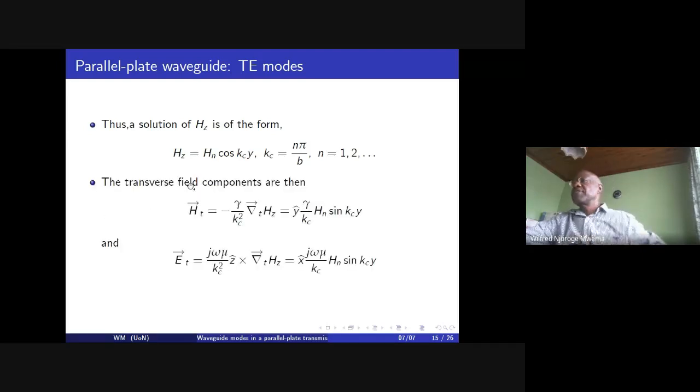So the transverse field components are then going to be given by Ht equal to minus gamma by kc squared, the gradient of Hz, and we see that as y gamma by kc Hn sine kc y. And the transverse electric field intensity is going to be given by j omega mu by kc squared z cap cross the gradient of Hz, and we get a value of x cap j omega mu by kc Hn and the sine of kc y.